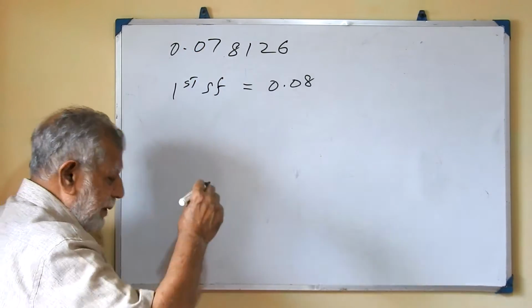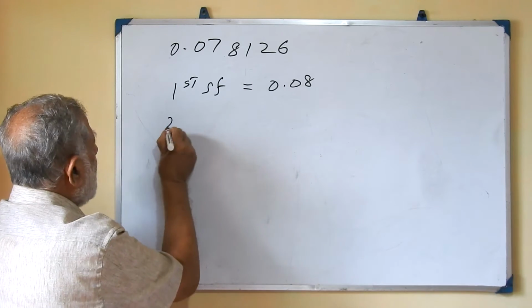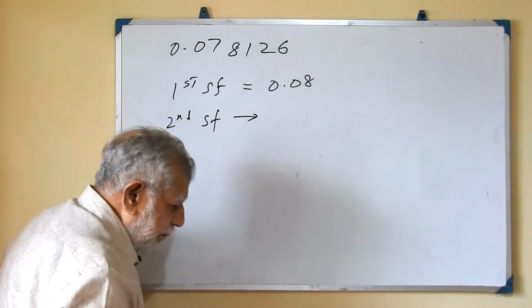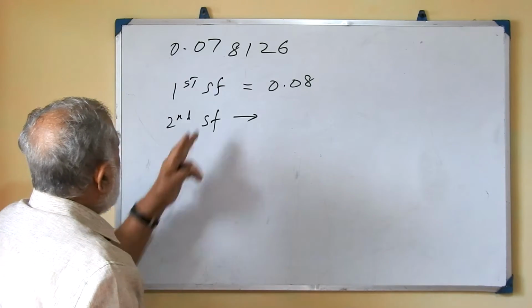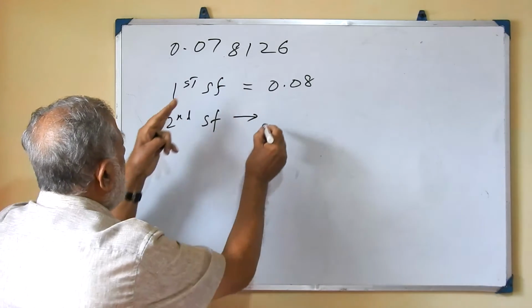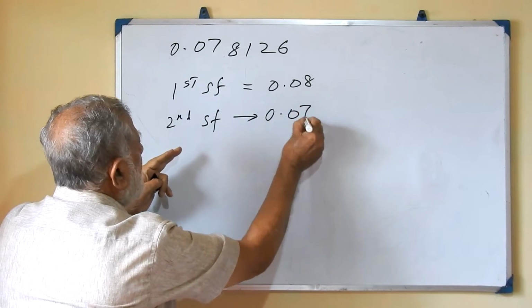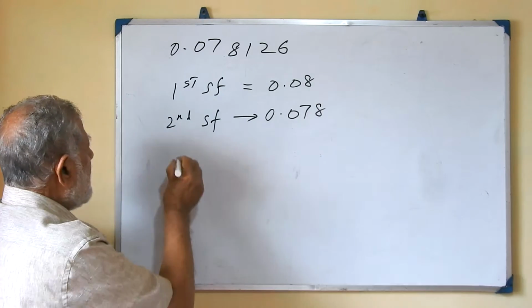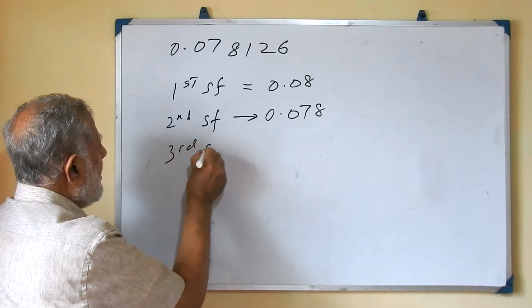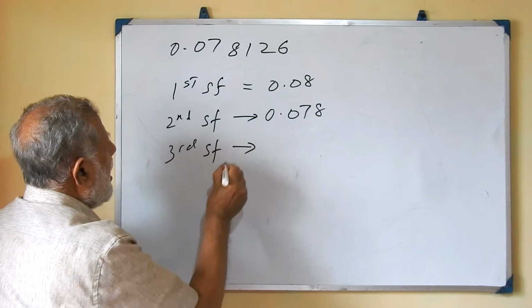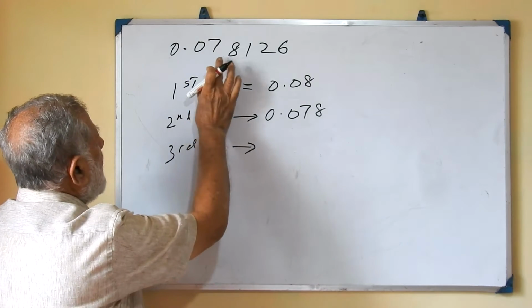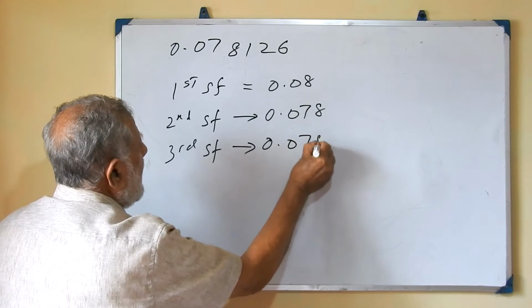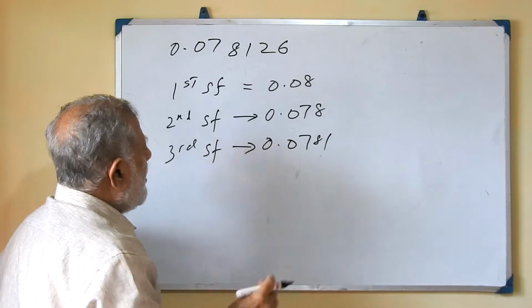You have to take the first number that comes. So the second significant figure will be 0.078. The third significant figure will be 0.0781, and it goes on like that.